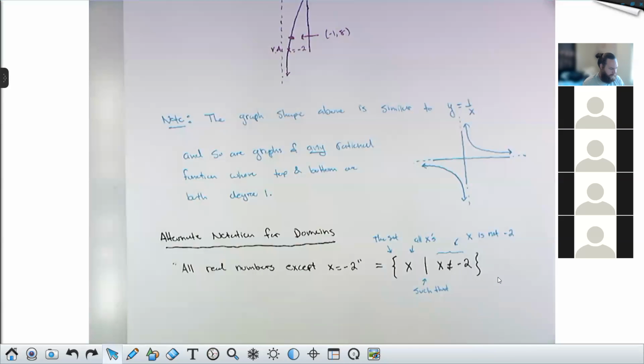Before we move into the radical stuff, just really quick, let's see if we can find the domain of a more complicated rational function and express it in this notation.